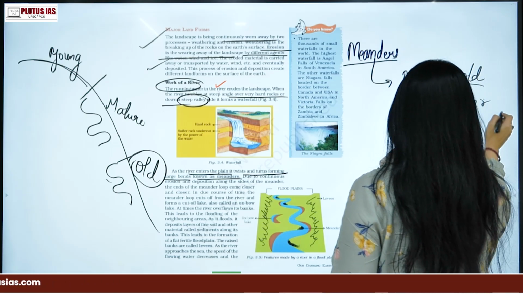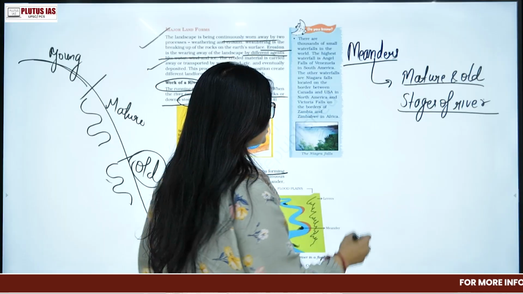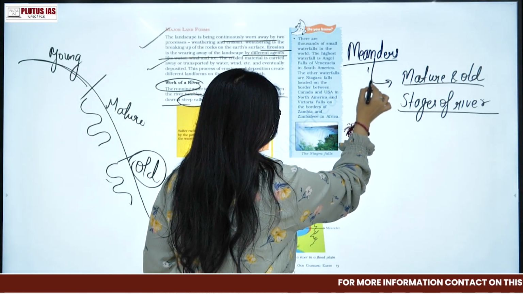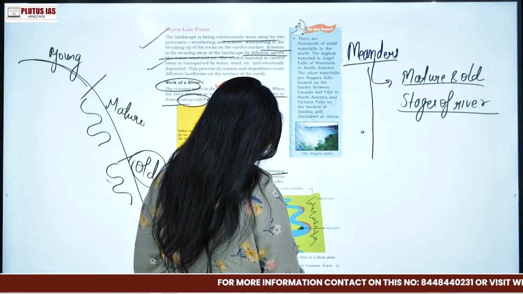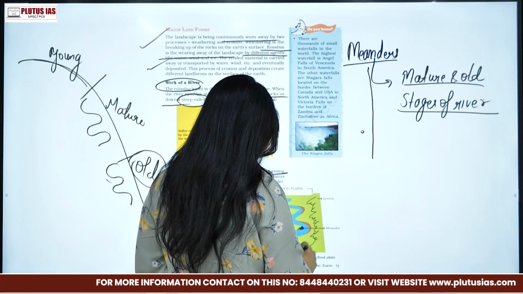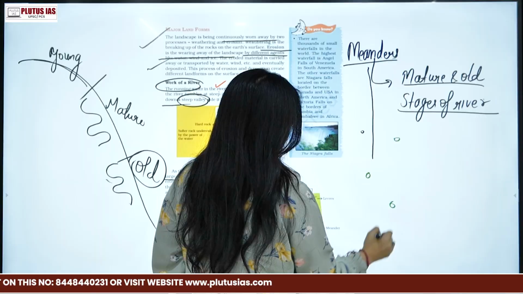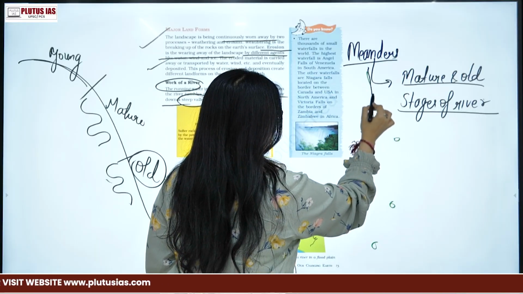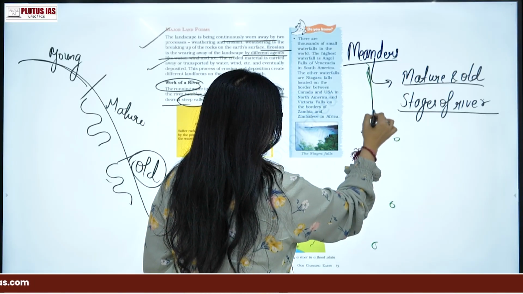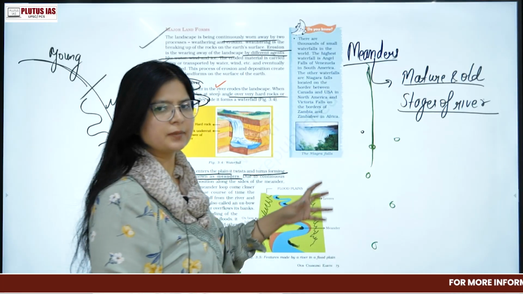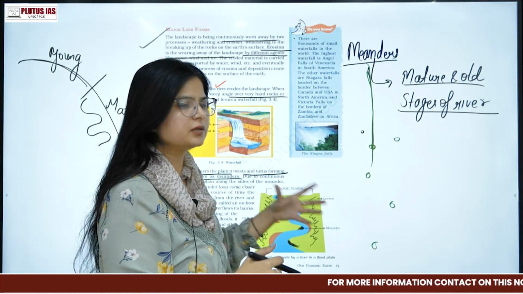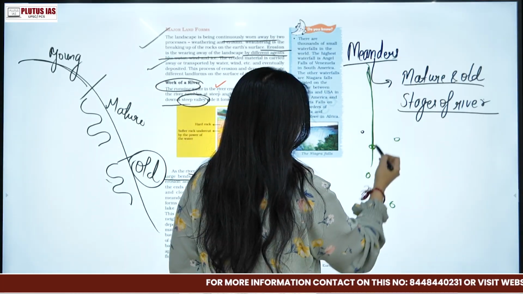Since the speed is becoming less, whenever there is an obstruction in the flow of the river, what will happen? It cannot cut through the obstruction, for example a boulder, some big rock, stones, it could be anything.